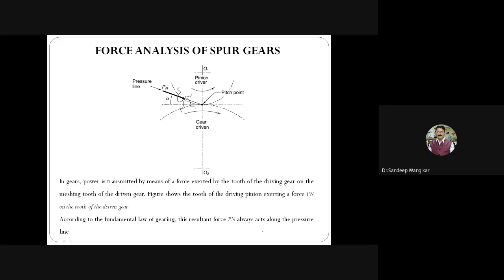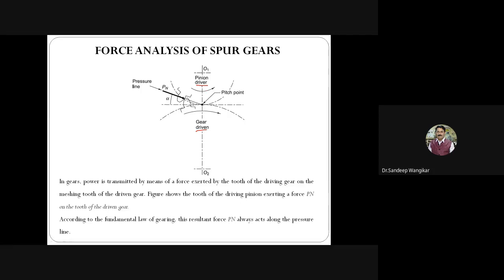So friends, the pinion and gear are rotating. The pinion is the driver and the gear is driven. In this case, the pinion is rotating in the direction shown in the figure, anti-clockwise, and the gear is rotating in the clockwise direction.